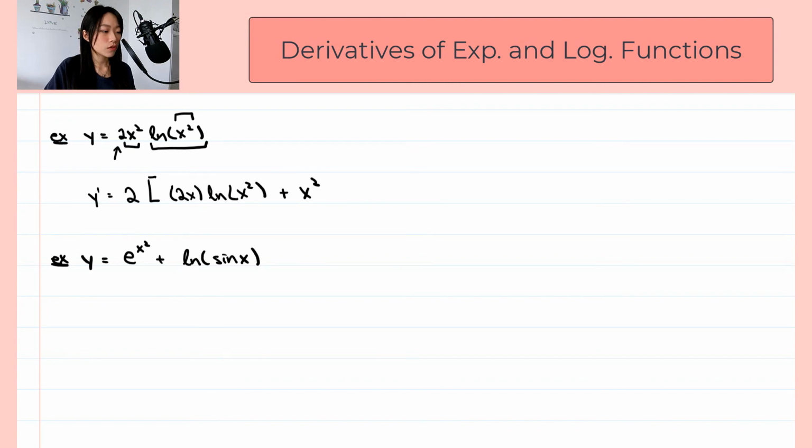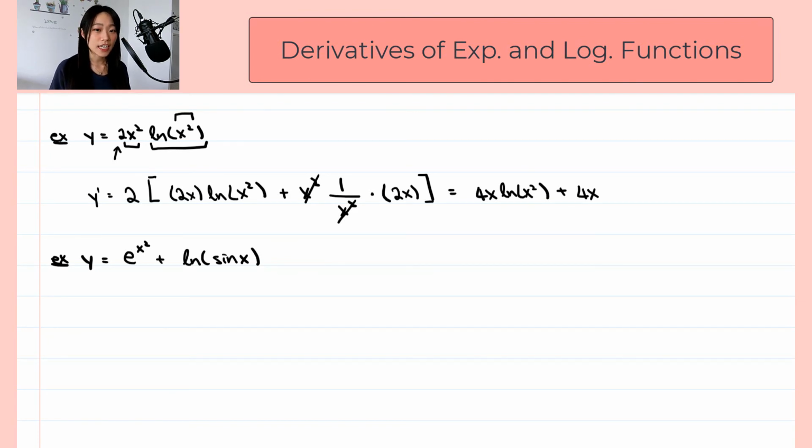So this equals 1 over the inside function, x squared, times the derivative of x squared, which is 2x. Now let's simplify this. Here the x squared can cancel out with the x squared in the denominator. So this equals 4x times ln of x squared, and then plus 4x.